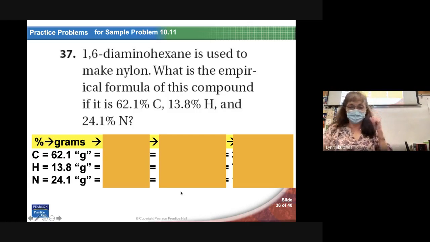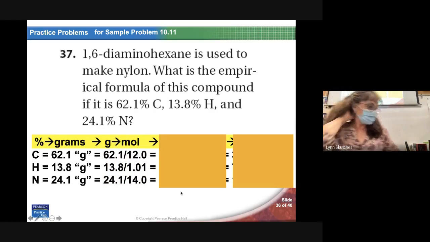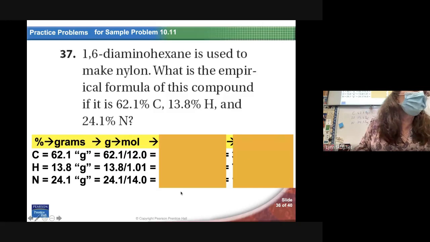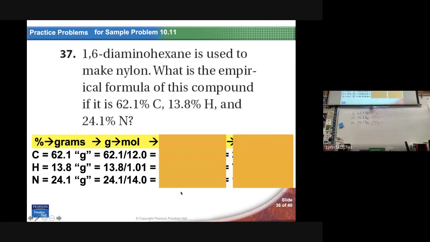I didn't know what you're dividing by, but that's just the mass, right? One more time. No, I got it. Okay. It just makes sense. So obviously you need your periodic table to find the molar mass for the element.